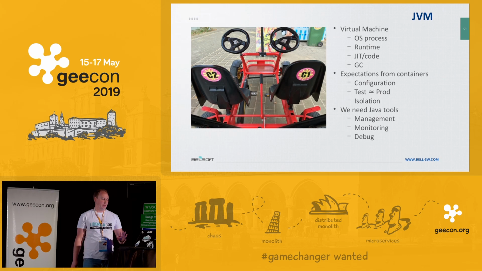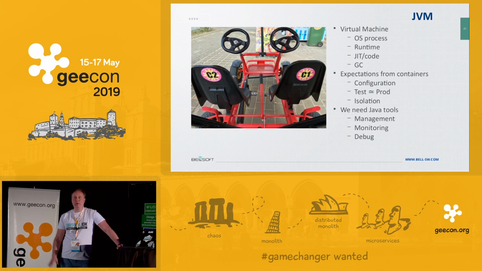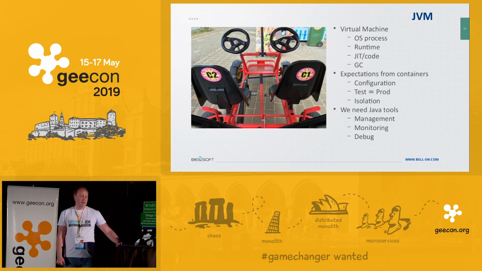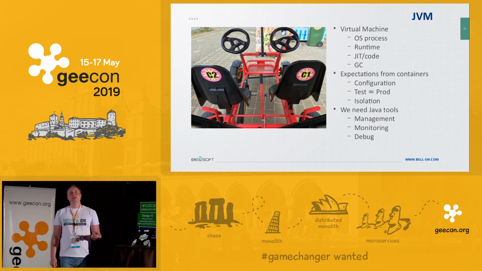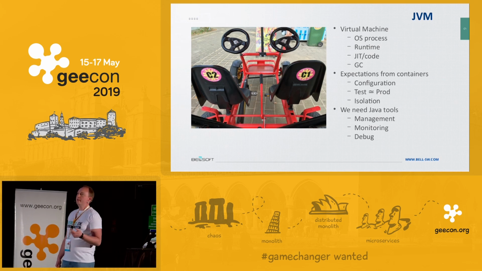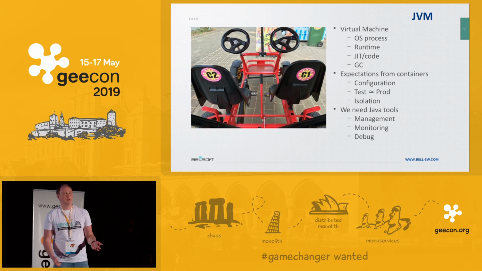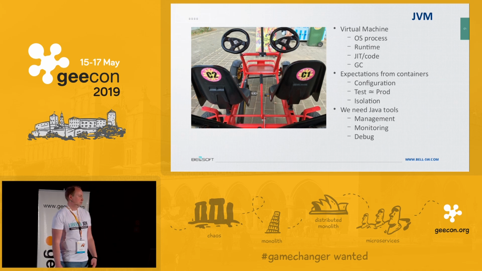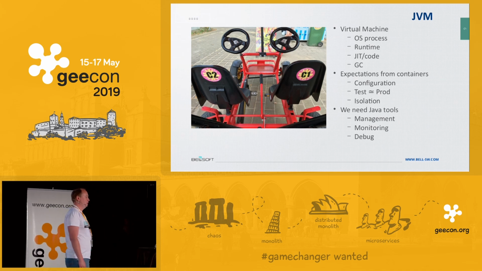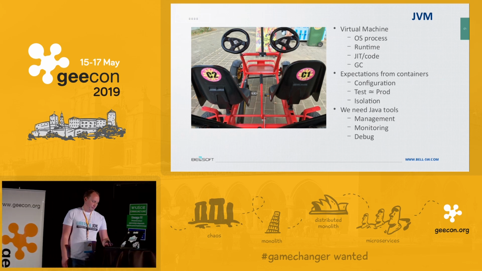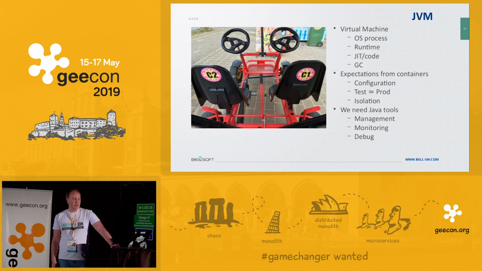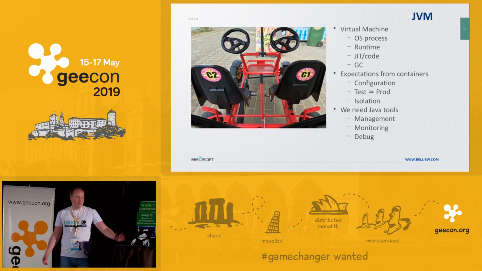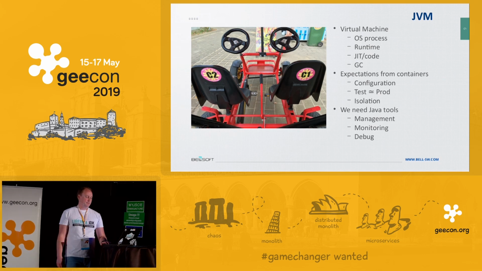Let the operating system do that for us. We just describe that we need an isolated space. And on the other hand, when we run Java, we stick to all the Java tools for management, monitoring, debugging. We wish to look at JMX information, to use JPS or JCMD or JConsole, whatever.